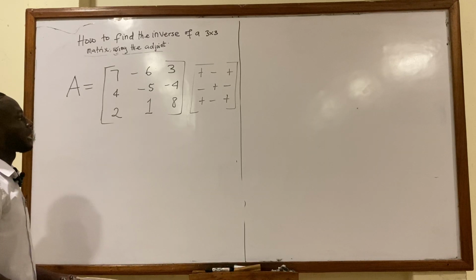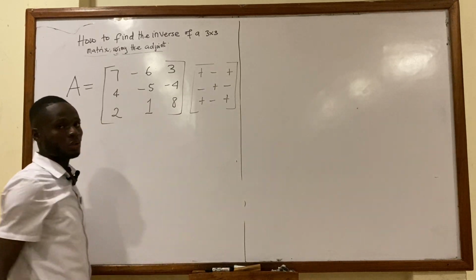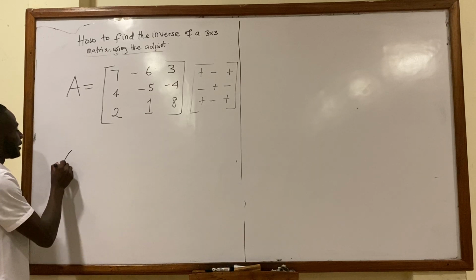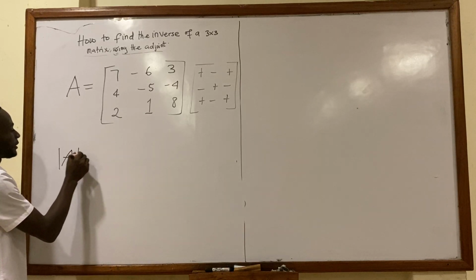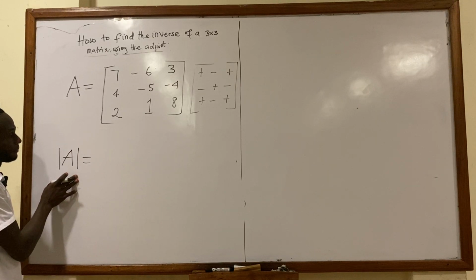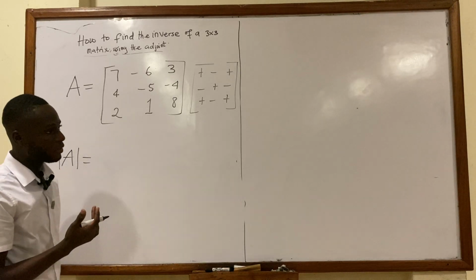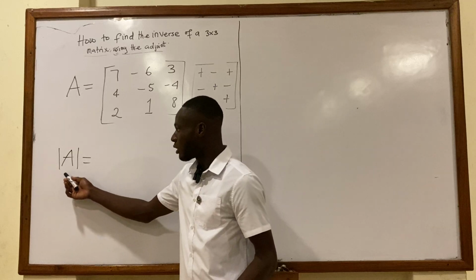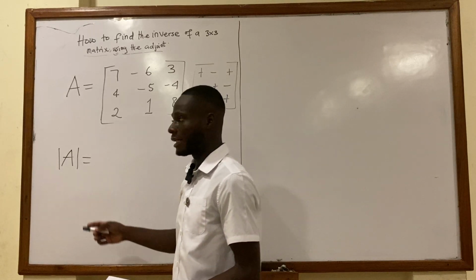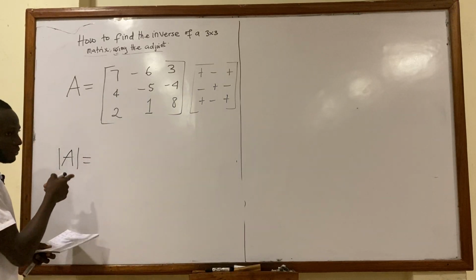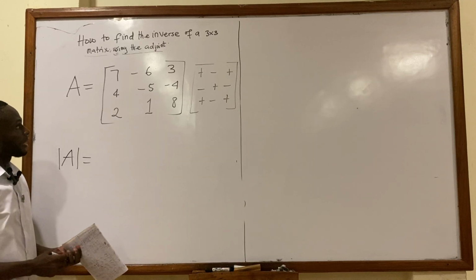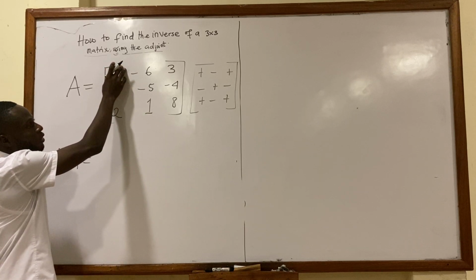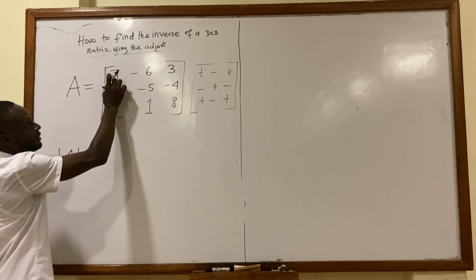So now, we are taking the first row. Taking the first row, we have the determinant of matrix A, which is usually denoted as absolute A, the absolute of the matrix. So this equals, we pick the first element on the first row, which is 7.